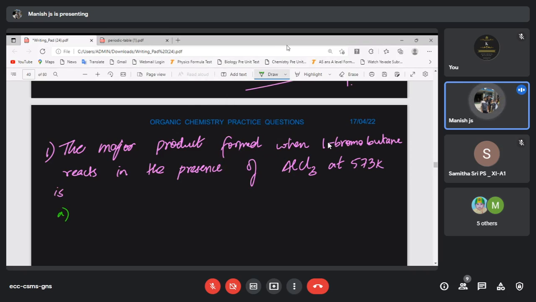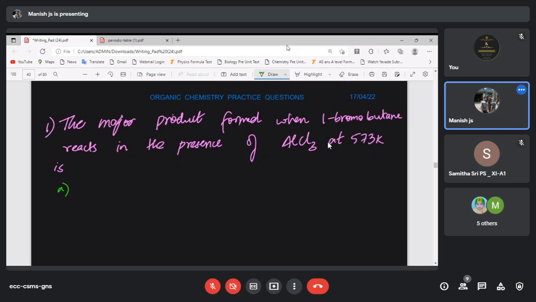So which major product will form when 1-bromobutane reacts with aluminium trichloride at a temperature of 573 Kelvin? I'm giving you the options. Option A, 3-bromobutane. Option B, 2-bromobutane. Option C, 2,2-dibromobutane.